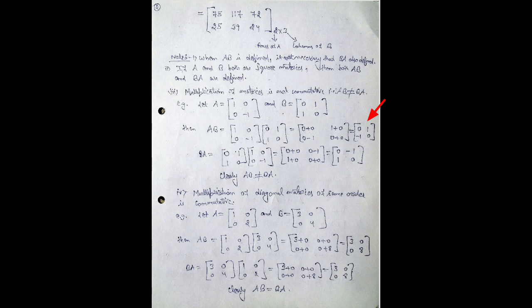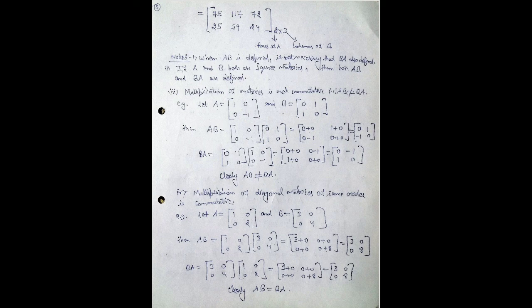But if we find BA, then we get the resulting matrix 0, -1, 1, 0. Clearly, AB is not equal to BA because corresponding elements of these two matrices are not equal. So we can say that multiplication of matrices is not commutative.